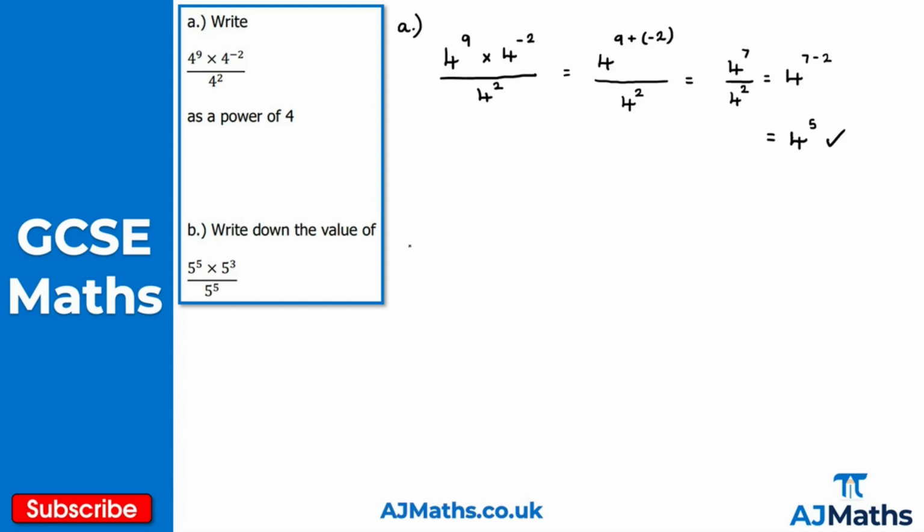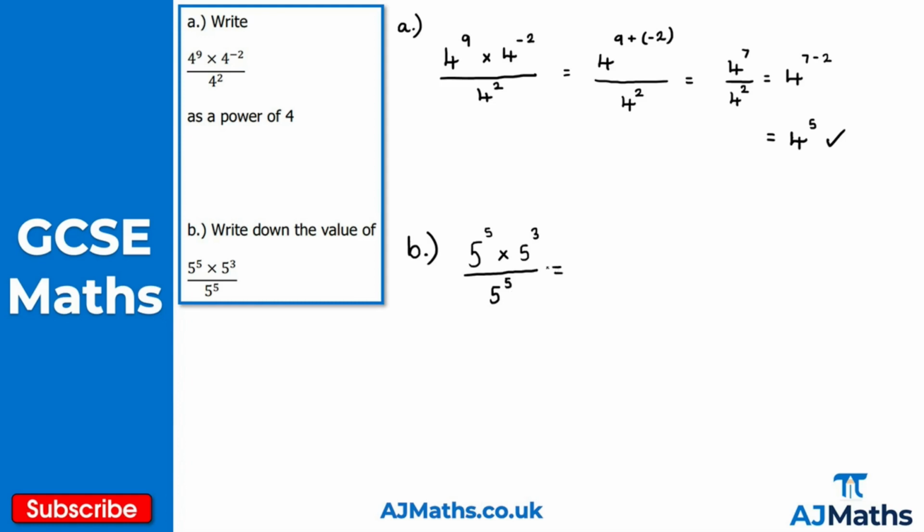So we move on to B now. Like you can see, it's pretty similar. All I want to do here is write down the value of 5 to the power of 5 times 5 to the power of 3 all over 5 to the power of 5. So again, I'm just going to begin by writing down this expression. 5 to the power of 5 times 5 to the power of 3, and I'm going to divide this by 5 to the power of 5.